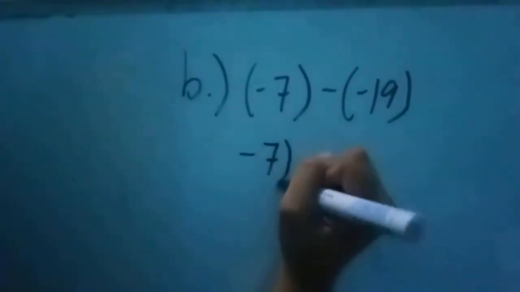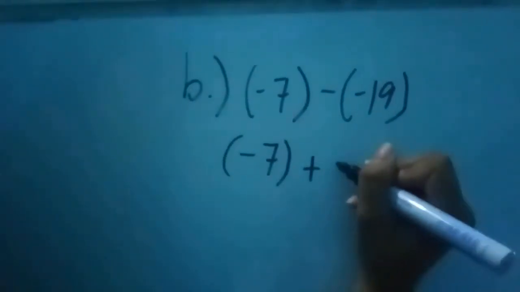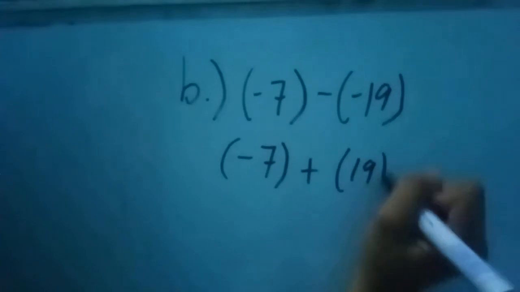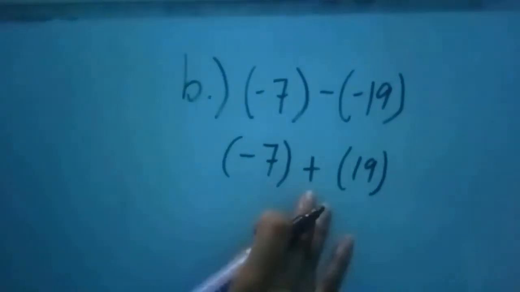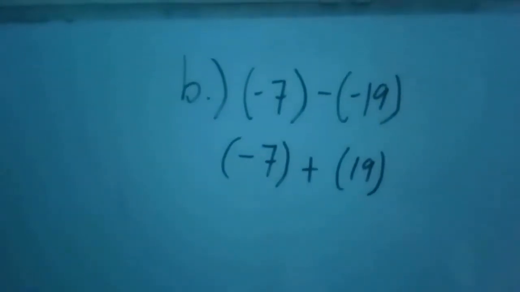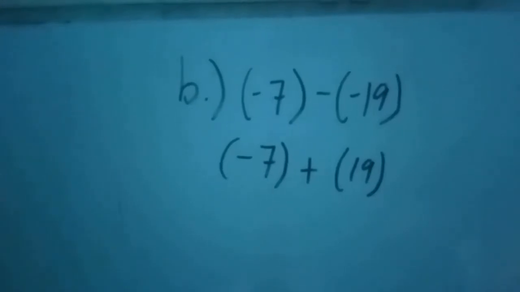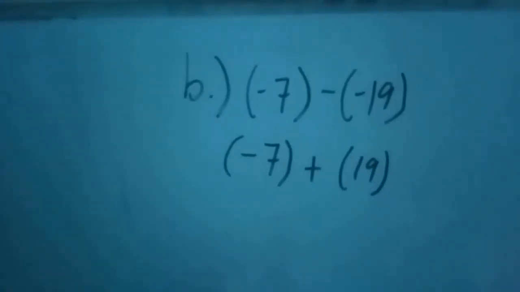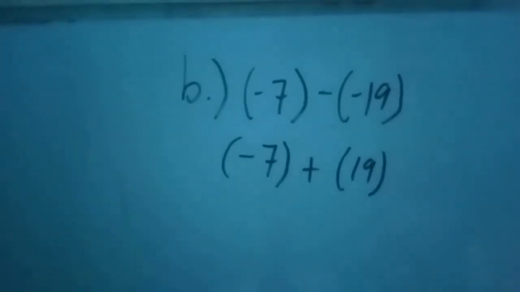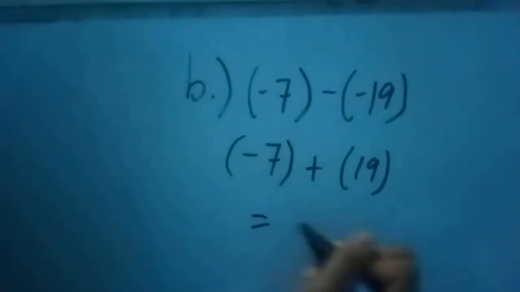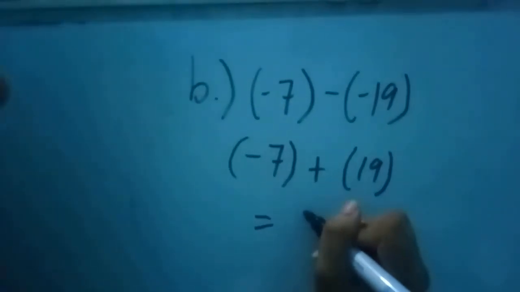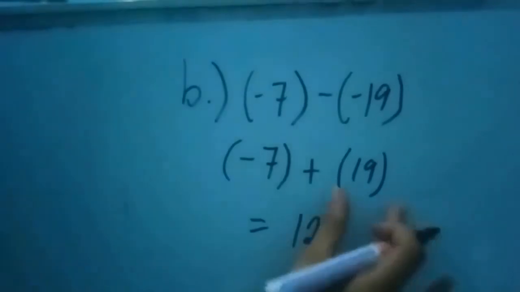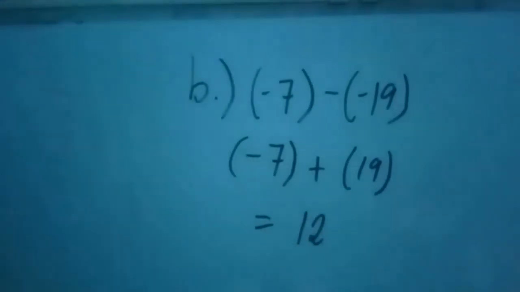So negative 7 plus 19. Unlike signs, we're going to subtract. So 19 minus 7, or negative 7 plus 19, is equal to 12. Copy the sign of the highest number, we have positive 12.